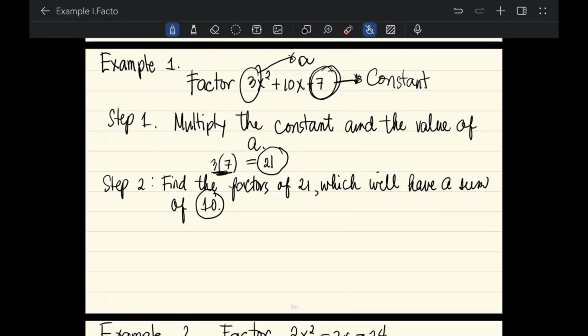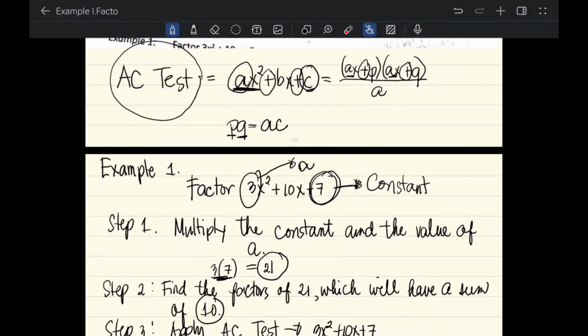After this, step 3, apply the AC test. So, the AC test is 3x squared plus 10x plus 7.